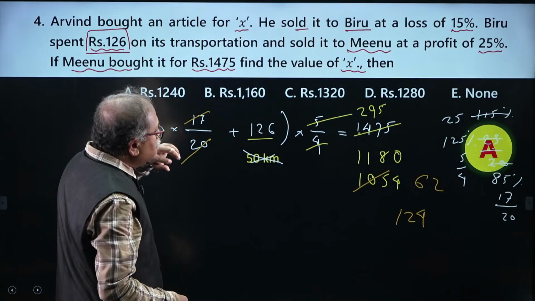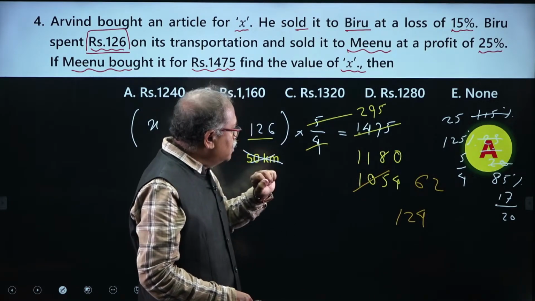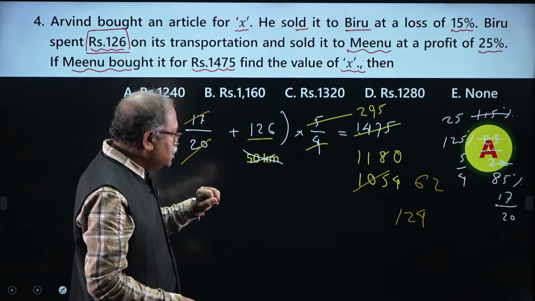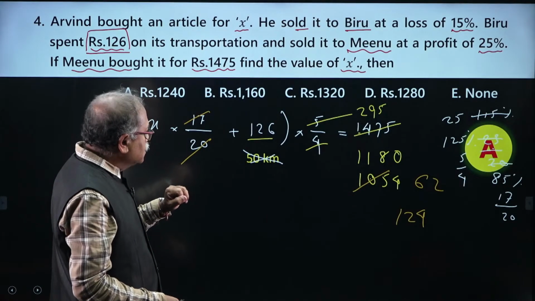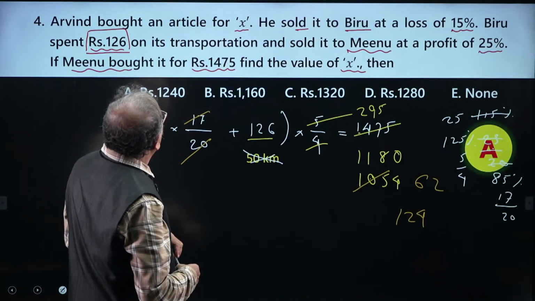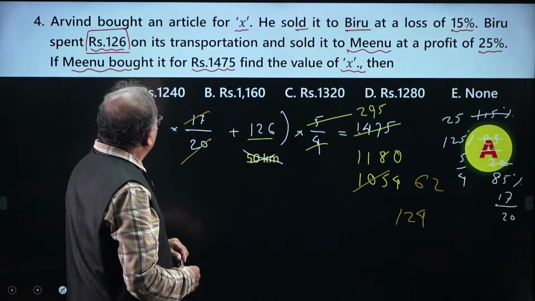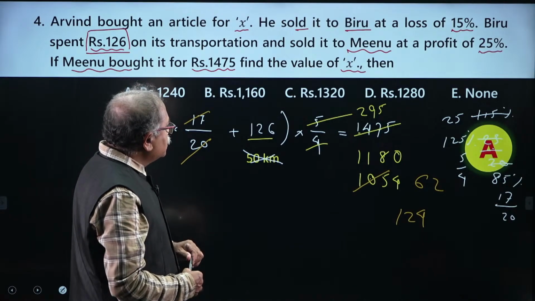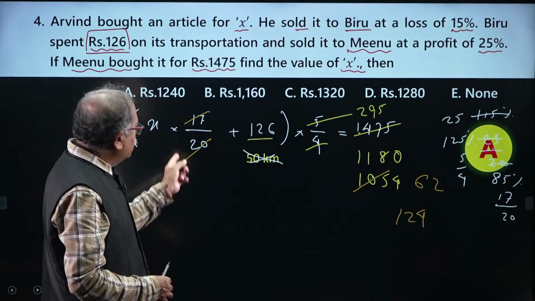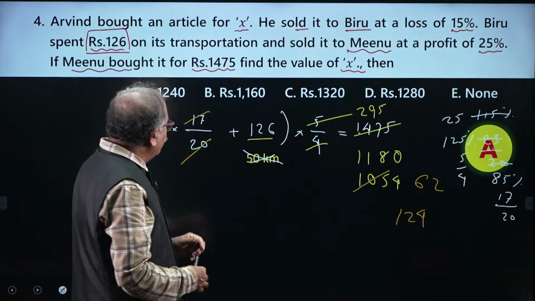Did I miss any 0 over here? There is 5 multiplied by this, and what do I need to find out? Find the value of x. So, the value of x should not be 124, acha, 1240.